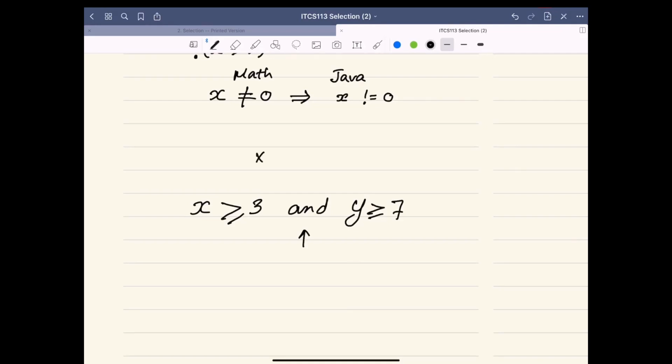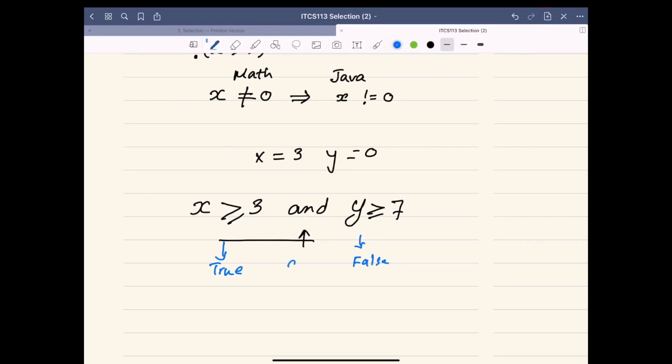Now if I put x is equal to 3 and y equal to 0, then what will be the result of this expression? Now x is equal to 3, then this is going to be true. Now y is equal to 0, 0 is not greater than 7, so it will be false.